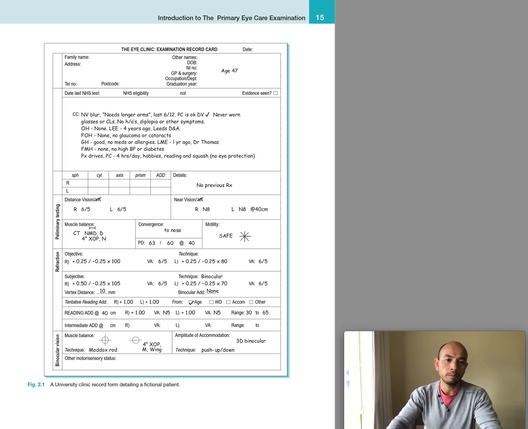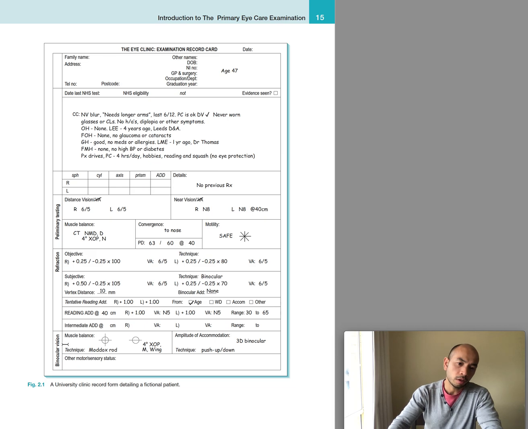Do your muscle balance, cover tests, convergence, your PD, and your motility. Then you start your refractions here, objective, and then subjective refractions, and your reading add at what distance, intermediate if applicable.